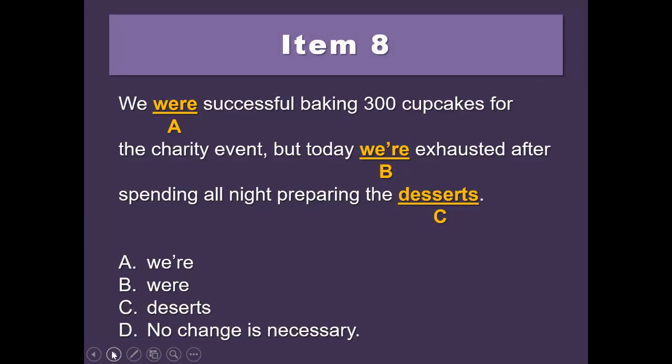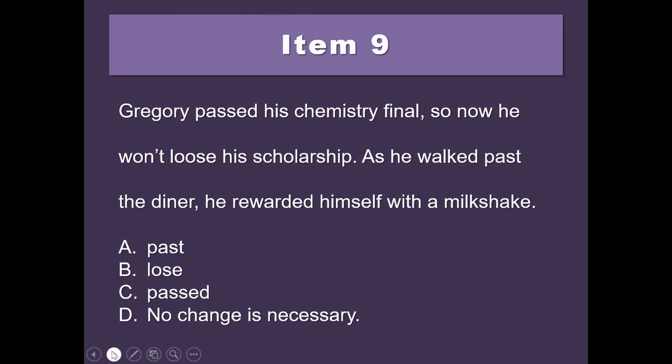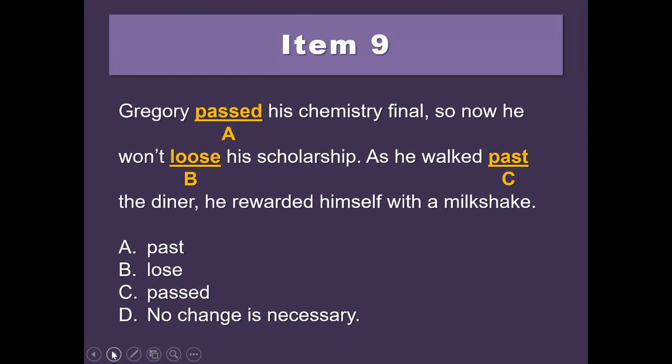Okay, number 8, you can read that. Let me read this last part. But today we're exhausted after spending all night preparing the desserts. All right. And yes, there's no change there. That was correctly spelled desserts, not deserts for number C. Item number 9, Greg passed his chemistry final, so now he won't lose his scholarship as he walked past the diner.